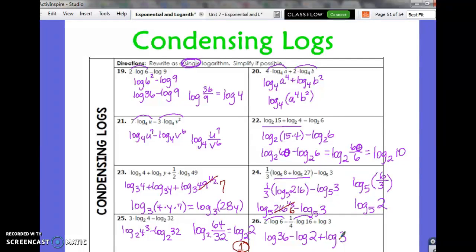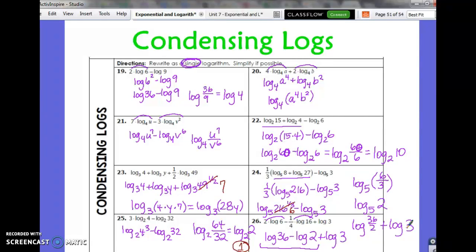And again, you just go from left to right with order of operations. So you combine or condense the first 2 logs using the quotient rule. So log of, you'd have 36 over 2, which will be 18 momentarily, plus log of 3.